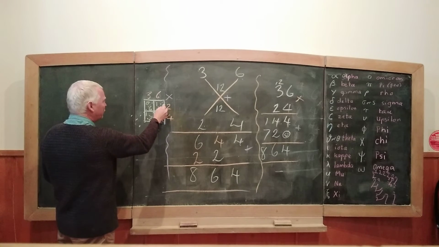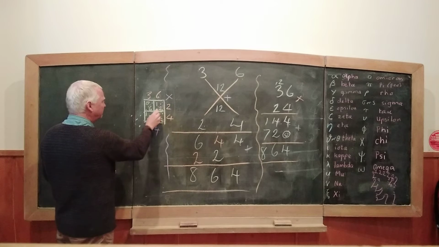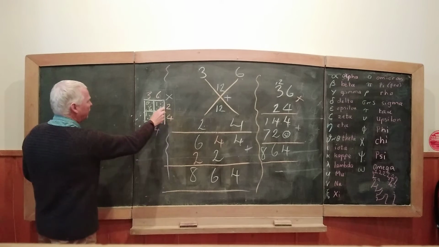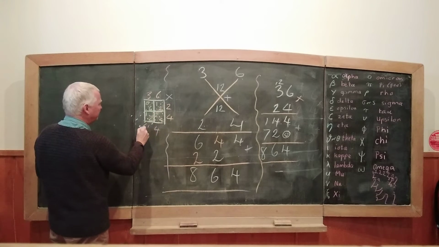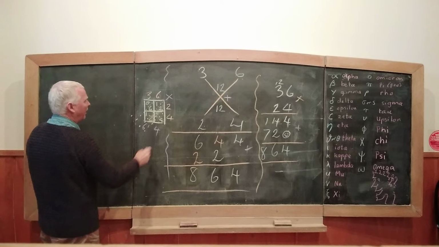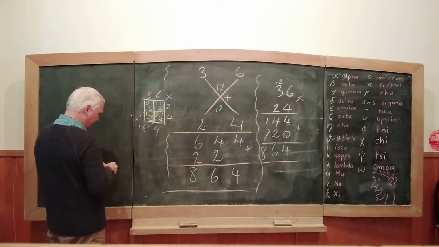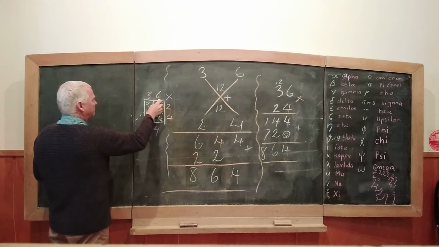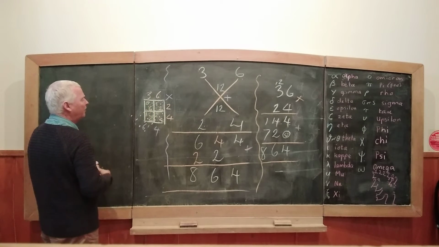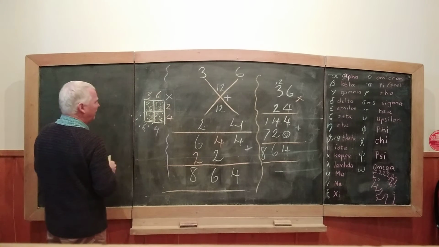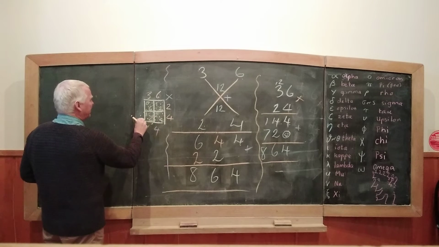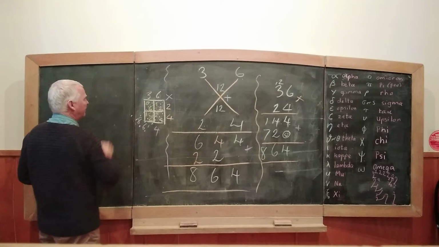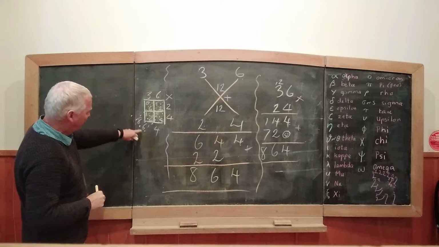This triangle, this triangle, this triangle, they form a number family. So 2 plus 2 plus 2 is 6. And then these 3 triangles here, they form another family. So 1 plus 6 is 7, plus 1 is 8. There's nothing up there, so it's 864.